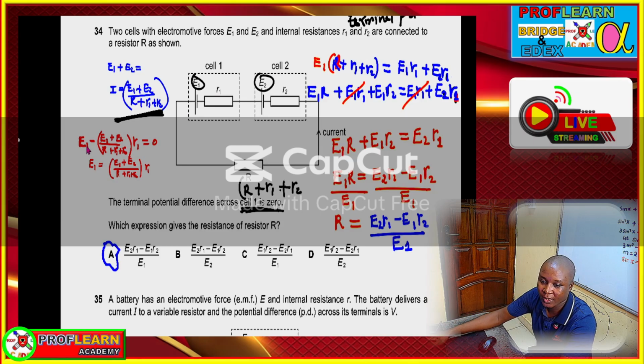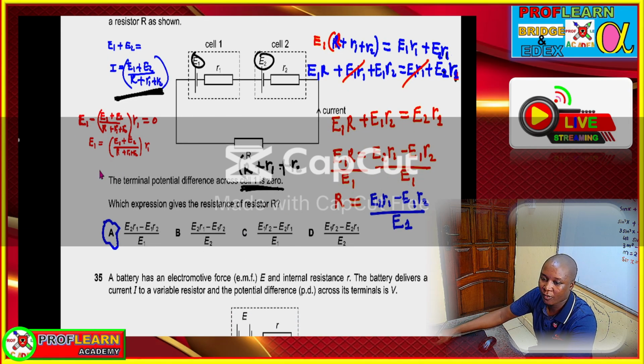That's why E1 minus the current in the circuit times R1 should be equal to 0, because E minus IR should equal the terminal PD, and our terminal PD, we are told, is 0. So once you have done that, we have formed an equation.